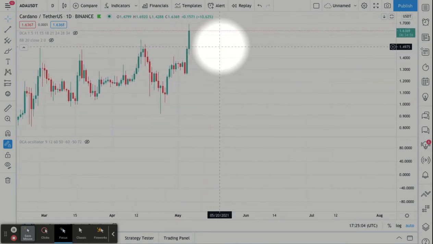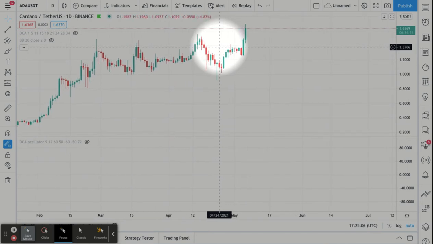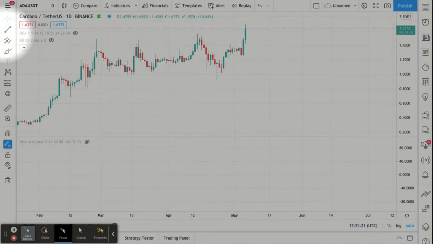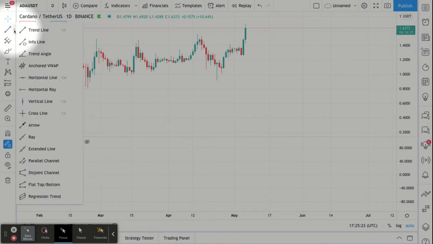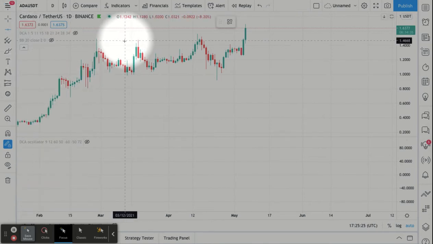So what I do for price action, and like I said, there are going to be other people, what I'm going to do is try to give you the very, very basics. You are going to want to find some uppers and lowers. So for ADA, what I would have done previously is I would have come over here and drawn some lines.